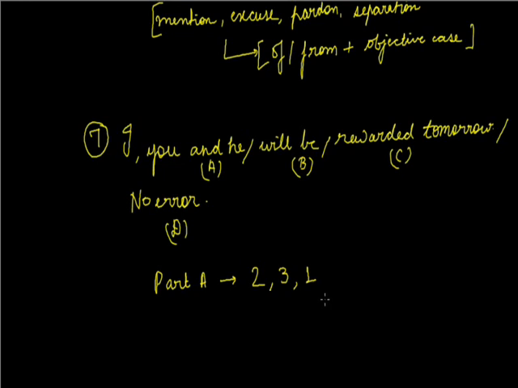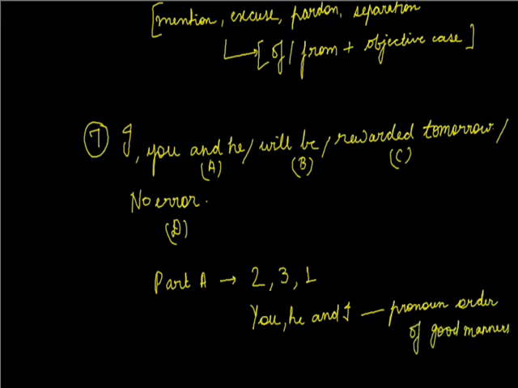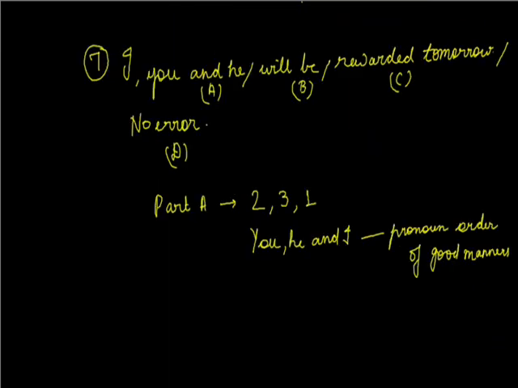You will be using 2, 3, 1 in this order, just like you, he, and I. These are also known as pronouns of good manners, or we can say pronoun order of good manners. That's why you will be using here you, he, and I. This is absolutely incorrect. Let's move to our next question of pronouns.